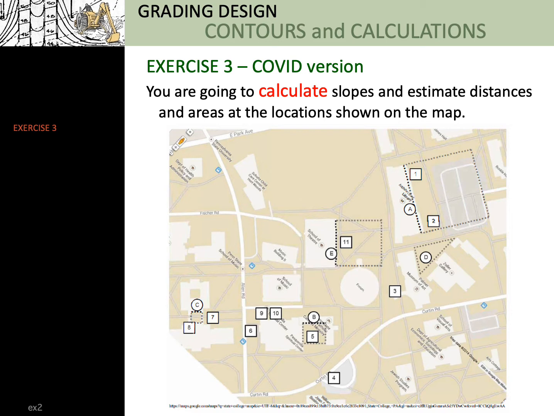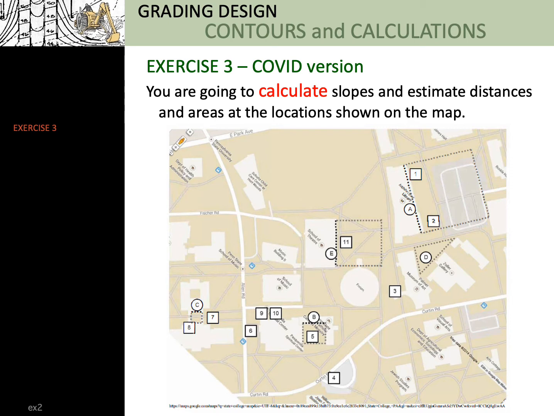So this exercise has two parts. The first part asks you to calculate slopes based on the parameters we provided for you and estimate distances with the Google Earth Pro application on your computer for the locations shown on the map.